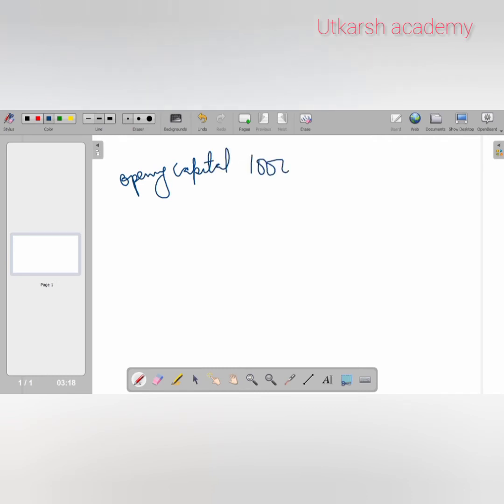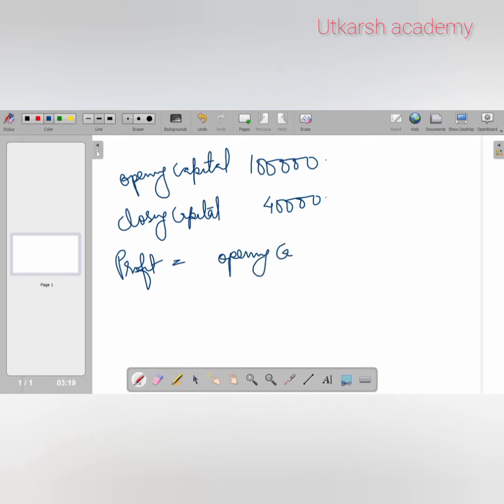Opening capital was 1 lakh, and we have found out closing capital 40,000. So what is the profit? So profit will be opening capital minus closing capital. Oh, sorry. I'm very sorry. It's not.